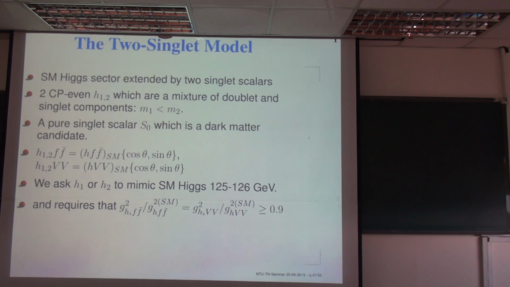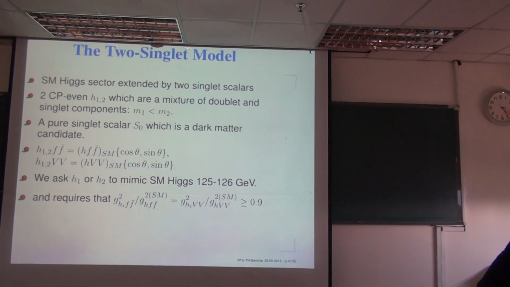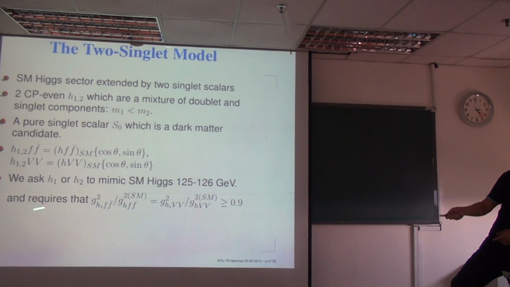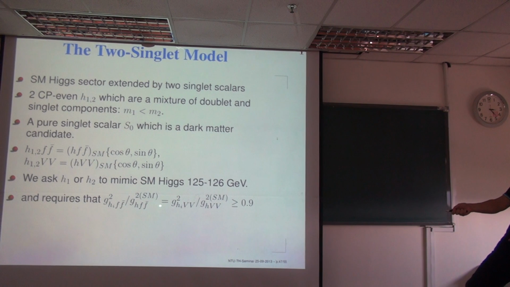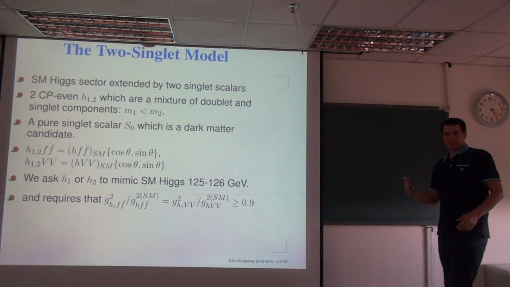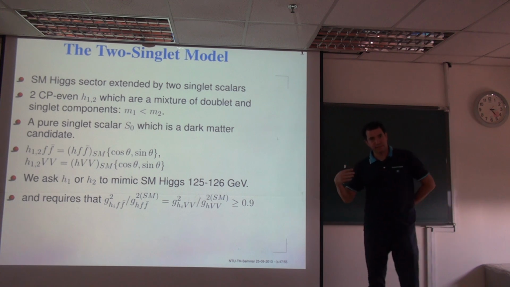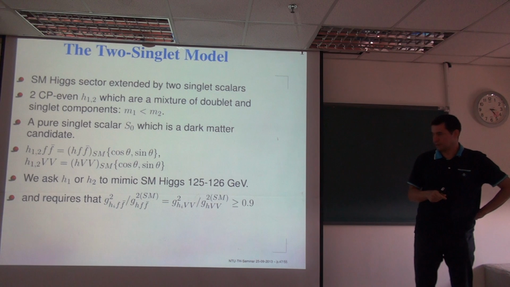We did the full study, and we asked that one of them should behave like the standard model Higgs, and the other one either heavier or a pure singlet. And we require also that the coupling, normalized to the standard model coupling, should be larger than 0.9, just to reproduce the WW and ZZ signal strengths that are already quite well measured and are consistent with the standard model.